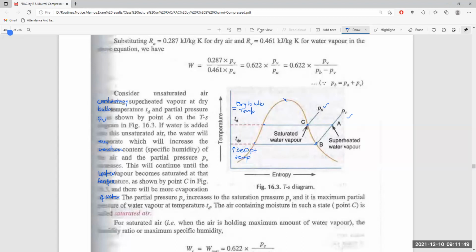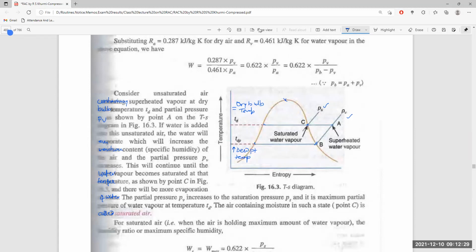Air containing moisture in this state is called saturated air. Initially it was in an unsaturated state, and then we add water, which vaporizes continuously in contact with the superheated water vapor in the mixture, and its pressure increases from PV until it reaches the pressure PS, where the total mixture is fully saturated with vapor. Here, the corresponding pressure is known as the saturation pressure PS, and it happens at the dry bulb temperature TD.